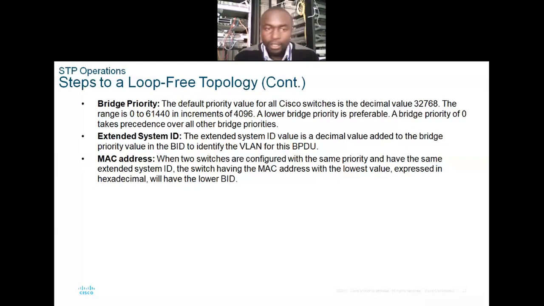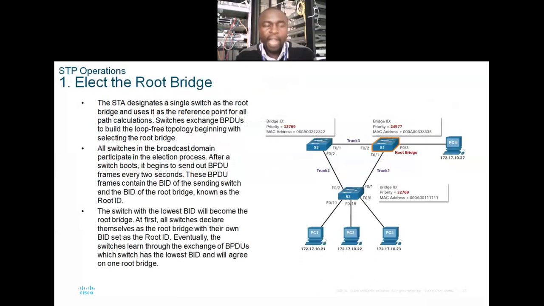Now, the STA designates a single switch as the root bridge. We have this switch, switch 1. It has a priority of 24577, and this is the MAC address. This is switch 2.